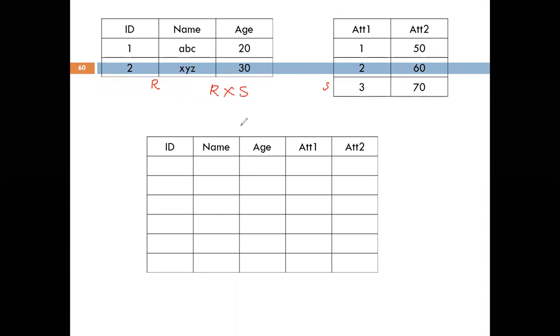The result will have 5 attributes, 3 attributes from R and 2 attributes from S. The entries will be like this.